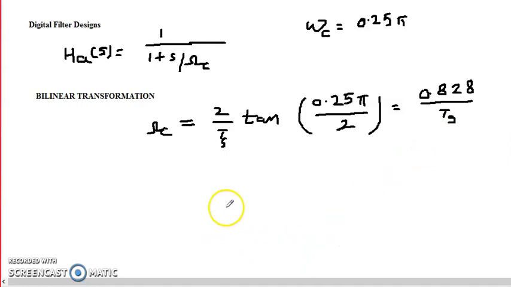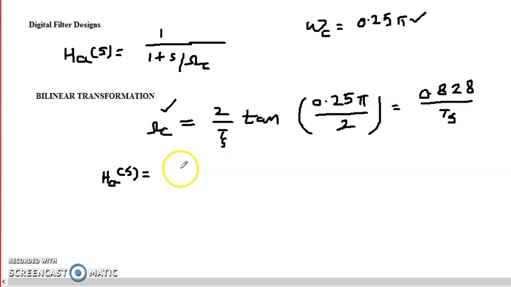So what will be HA(S) then? Since it is the cutoff frequency for the digital filter, the analog filter will have a cutoff frequency omega C, which will be this.